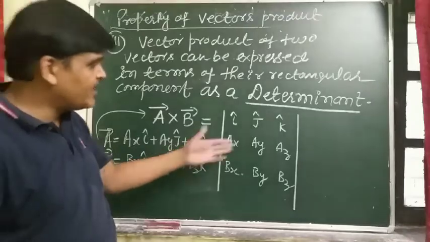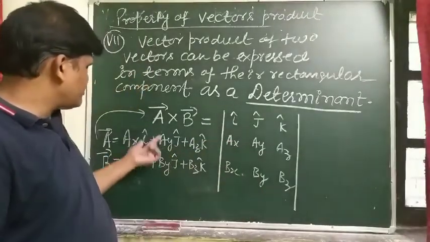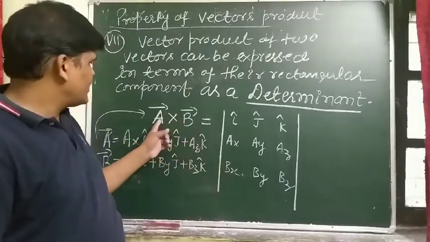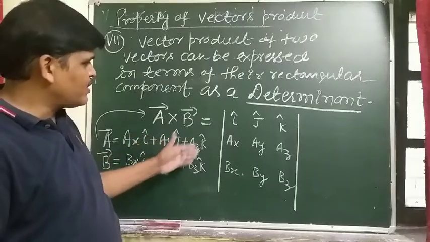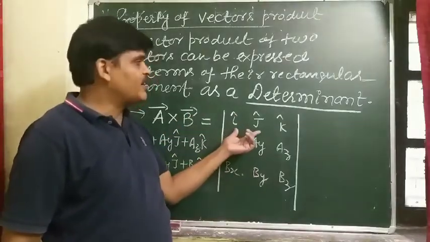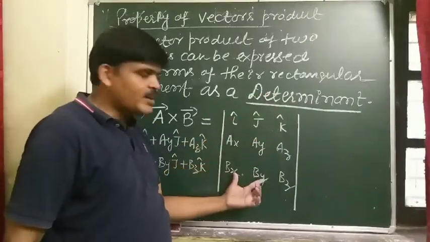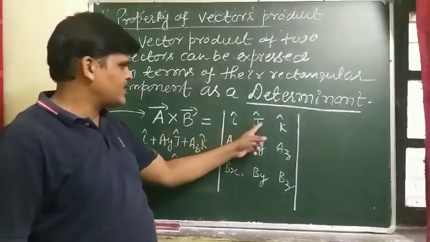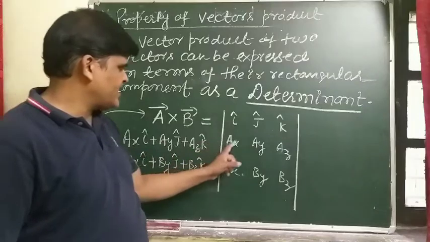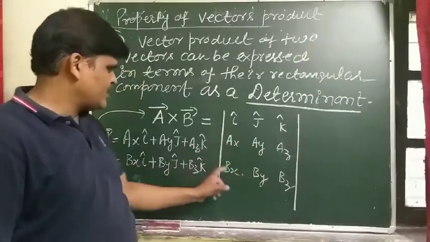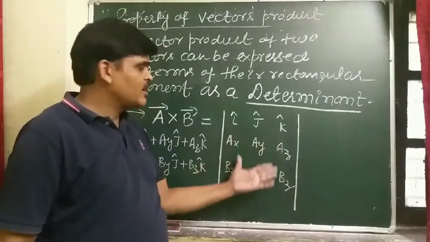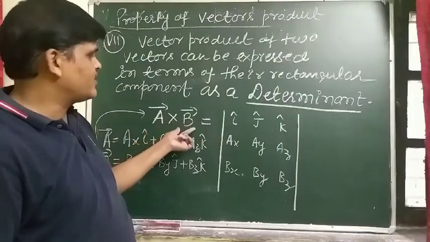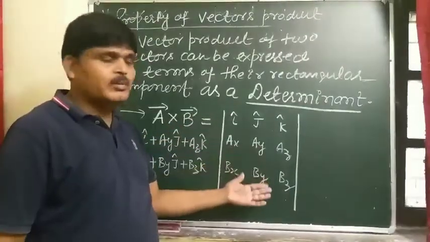When we take the vector product of two vectors A cross B, their rectangular components can be expressed in terms of a determinant. The first row is i cap, j cap, k cap, then Ax, Ay, Az, then Bx, By, Bz. So this is the determinant form of the vector product of vector A cross vector B.